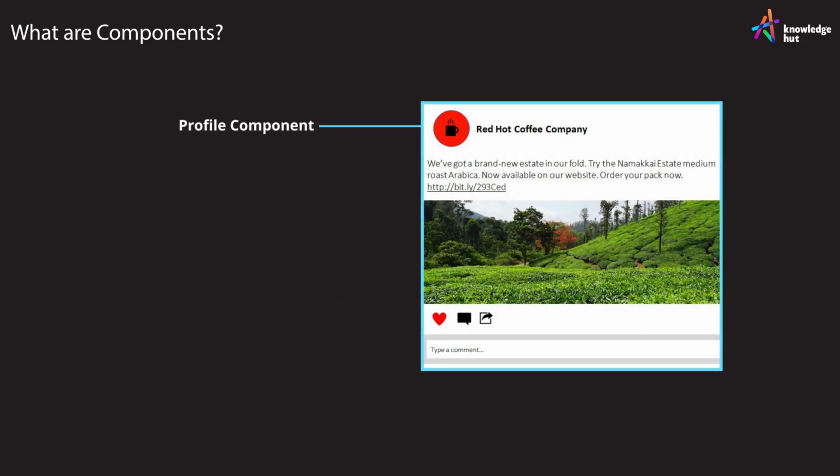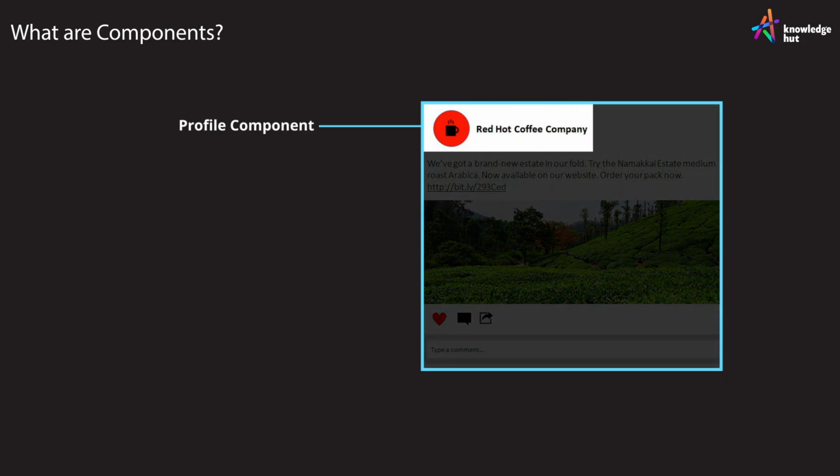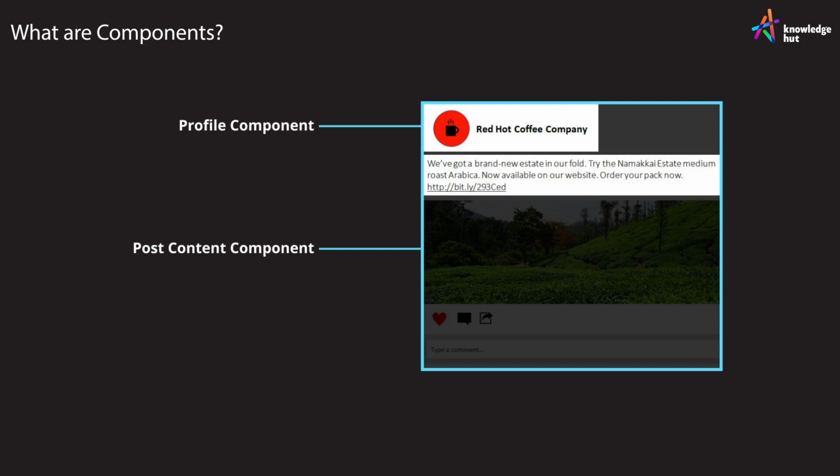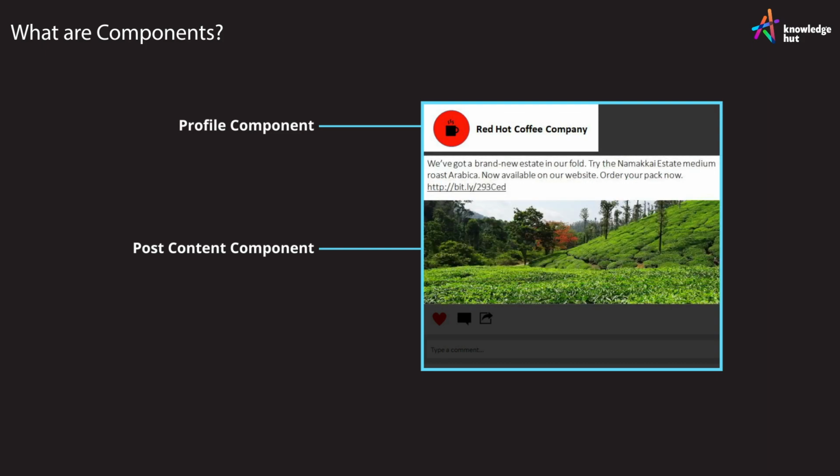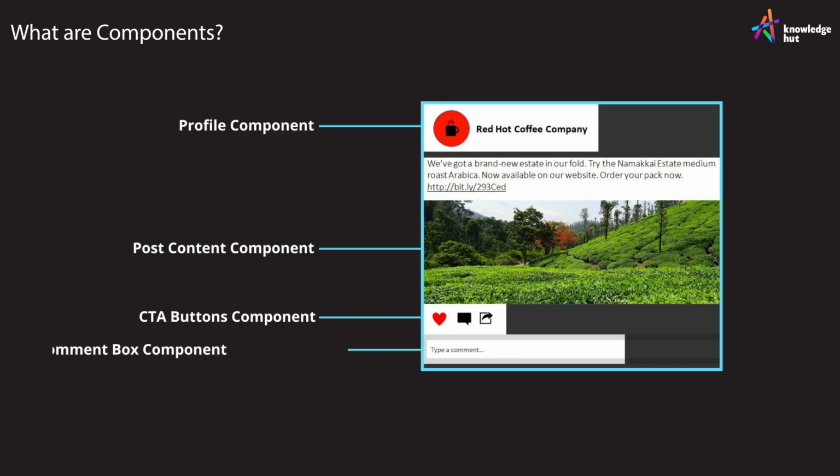The profile component, for instance, is responsible for the profile picture and the name of the user. The post content component handles the text and image for the actual post. The CTA buttons house the like, comment, and share buttons, and the comment box lets the users type comments.